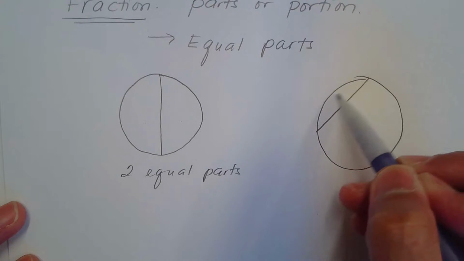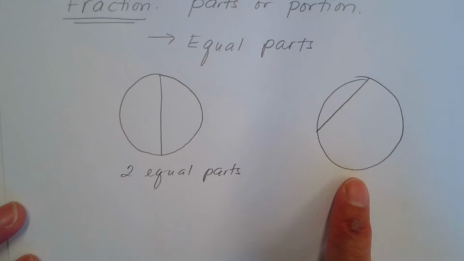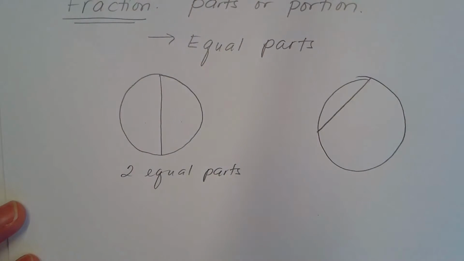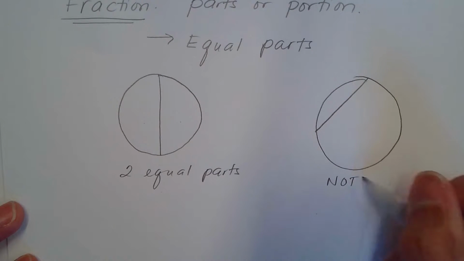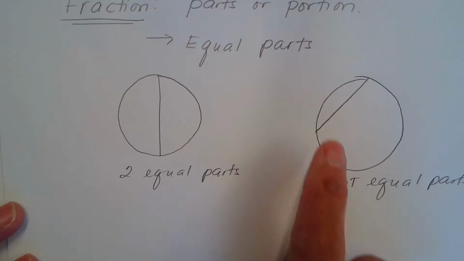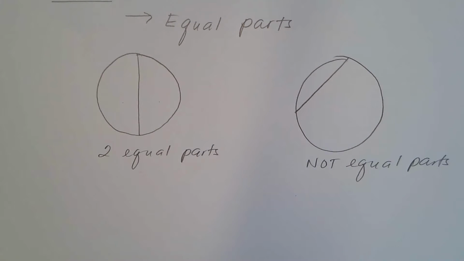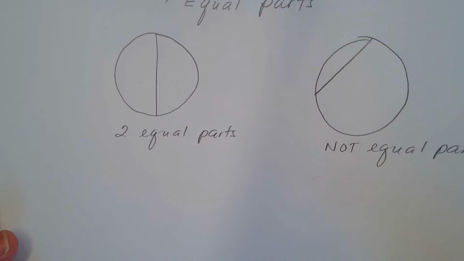You have this piece and you have the bottom piece. But this is not going to be an equal part, right? You have 2 parts, but they're not equal. So for a fraction, we need to have equal parts.